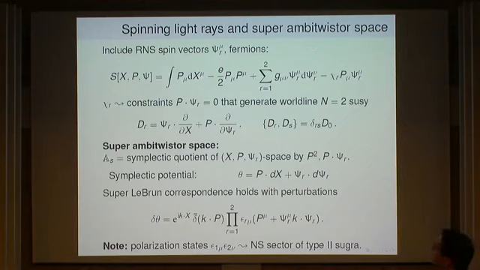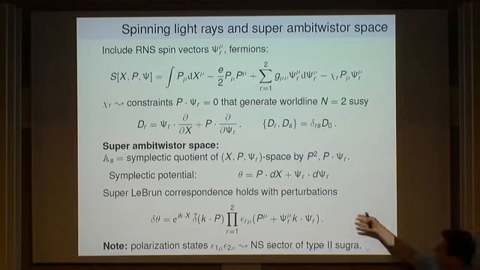So this is one way of introducing spin in the spirit of the RNS, and you can write down the super ambitwistor space. This is a construction you can do in all dimensions, and it gives you a manifold with 2D minus 2 odd variables, and a symplectic potential with some odd parts to it.